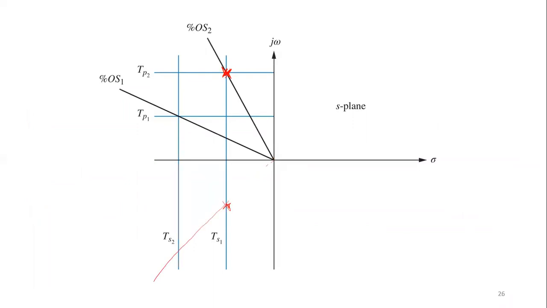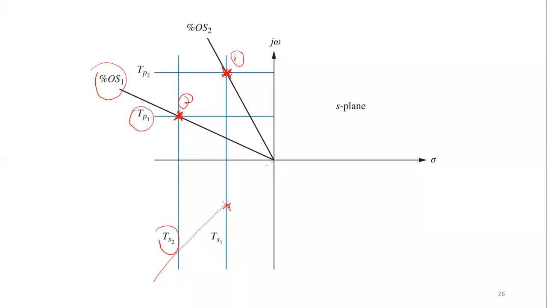Your system 1 has a pole here, so this one is G1(s). Comparing between two systems, this one is system 1 and your system 2 has a pole here. So we can compare peak time, settling time and overshoot through the location of the poles.